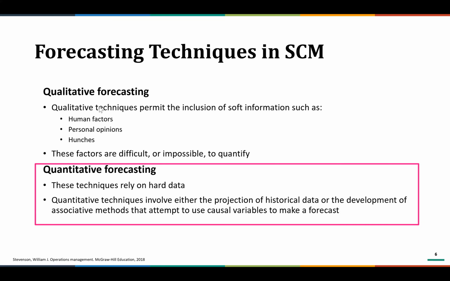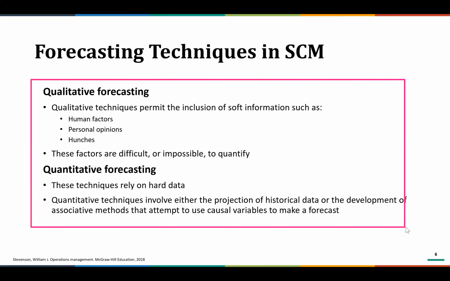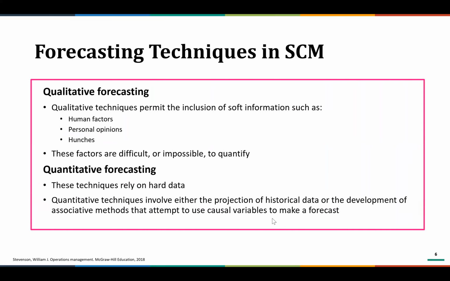It really dismisses the use of human factors and personal opinion. It's solely based on data. That's what we call a quantitative forecasting approach. Some will use a mix between those two, and this type of approach is more and more considered nowadays.